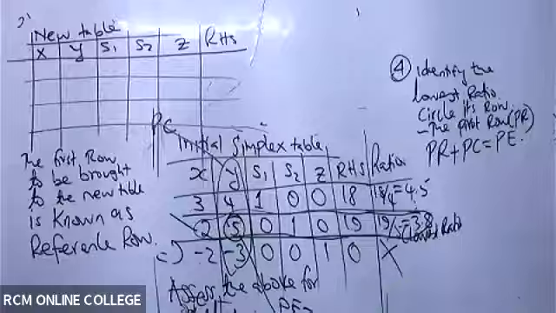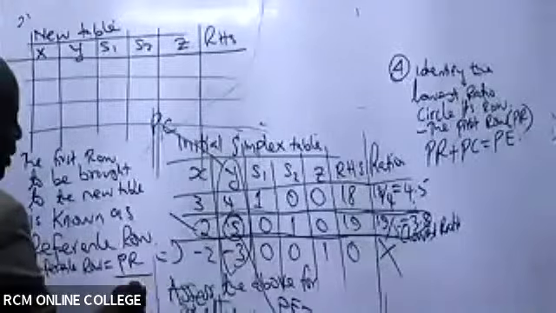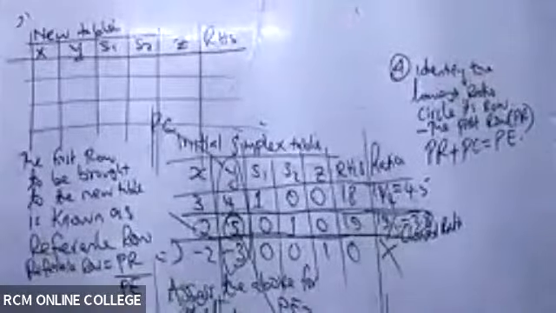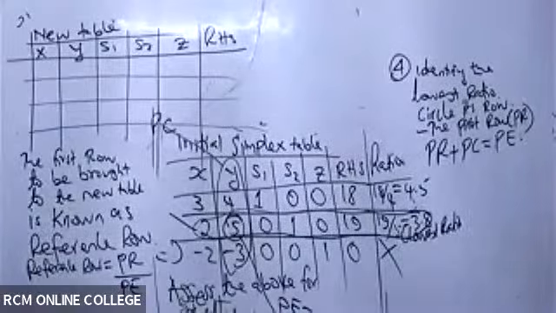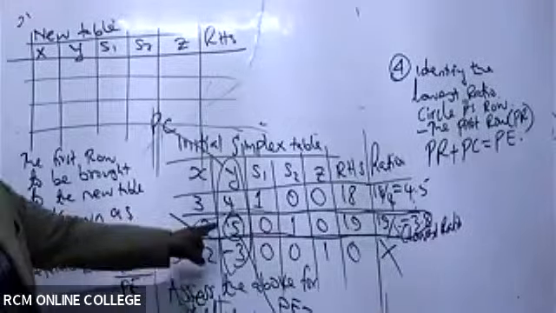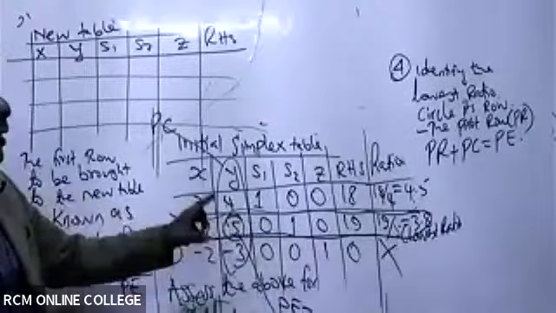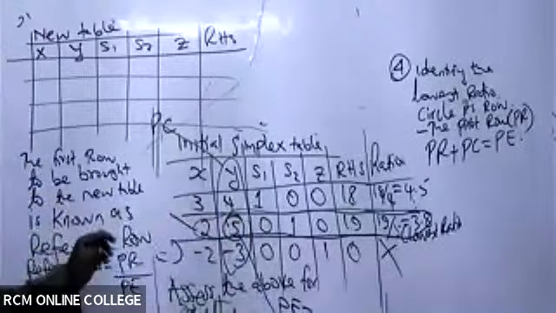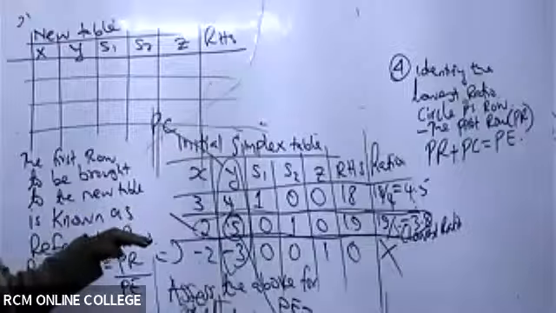The very first row, because we are using row analysis, we are carrying over. In this case, the pivot row divided by the pivot element. Anytime they want you to get the reference row, you take the pivot row the way it is, and remember, this pivot row is row number 2.